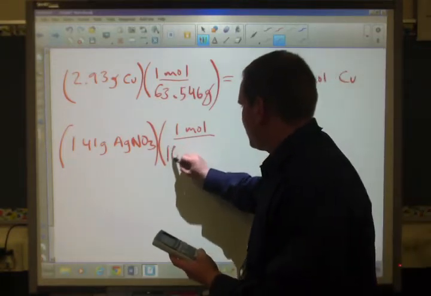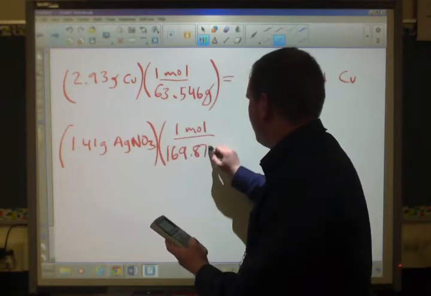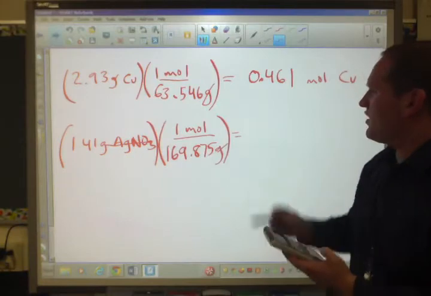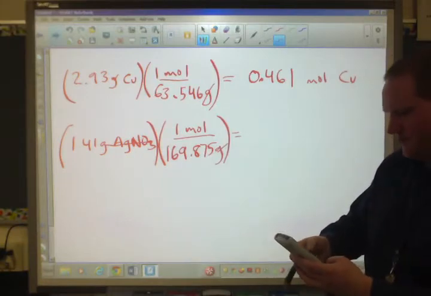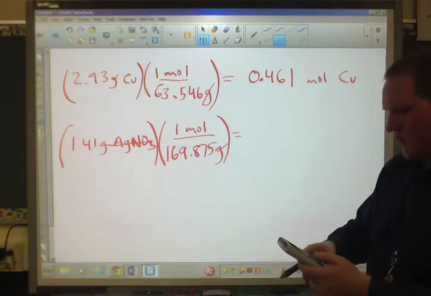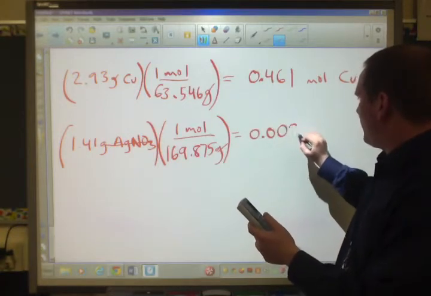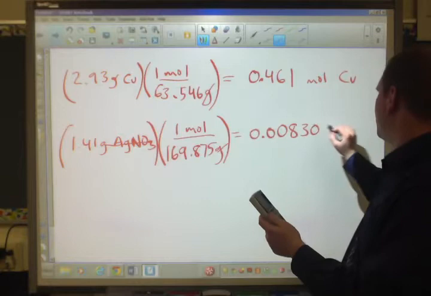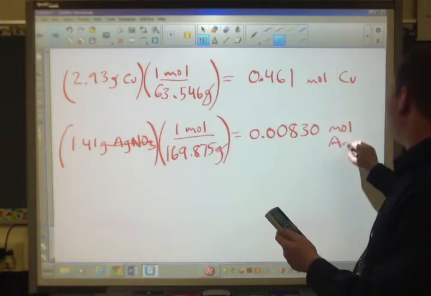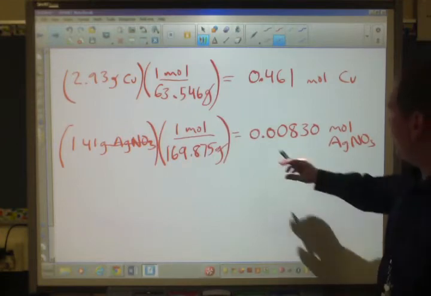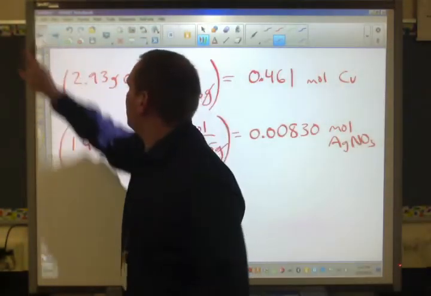So it's 169.875 grams. Gram cancels gram, and we get 0.00830 moles of AgNO3. All right, 0.00830.